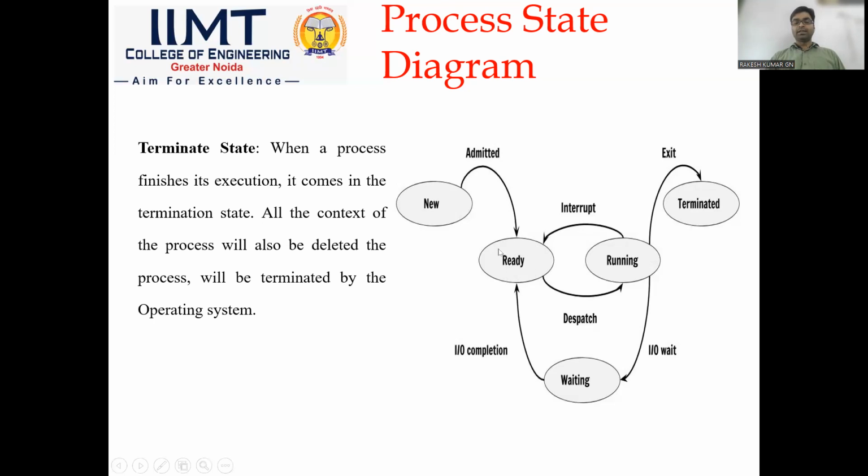As the process in the ready state gets the resources for its execution, it moves to the running state. From the running state, if it completes its execution, it directly moves to the terminated state. Or if it needs some kind of IO, it moves directly to the waiting state, and after completion of the input output, it moves to the ready state and once again moves to the running state for its completion.